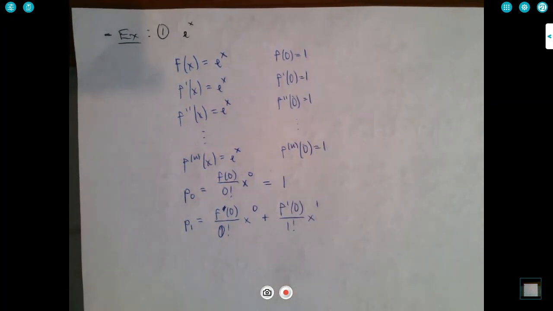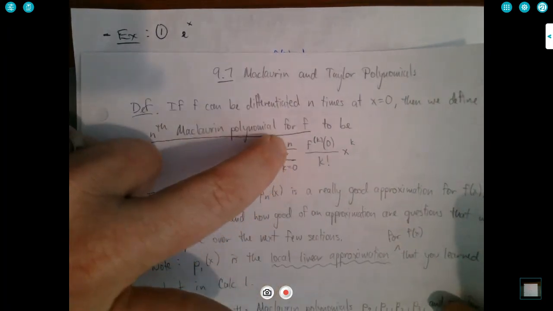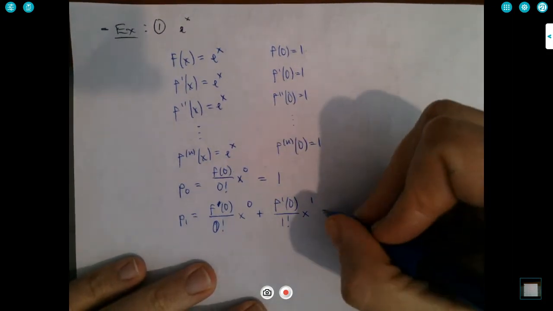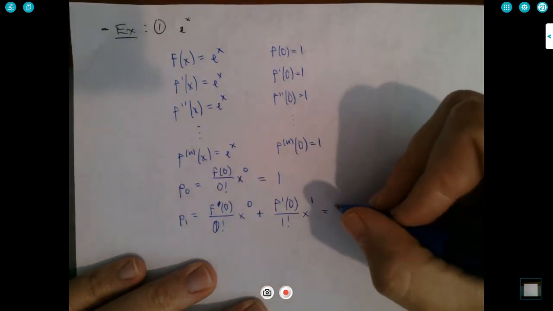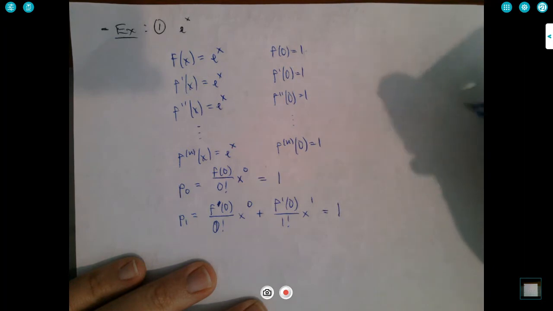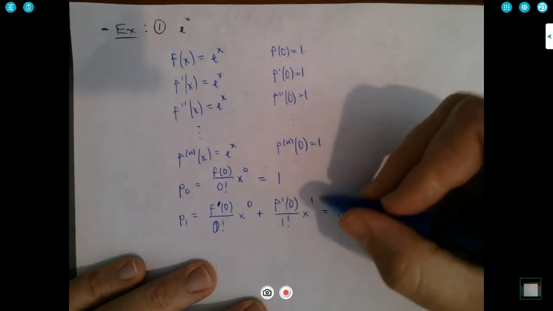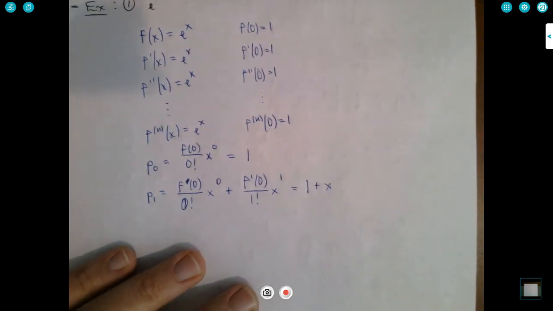That would be the first one, right? Because you have to start at 0 and then end at n, and in this case n is 1. So there's p1. Anyway, f of 0 is 1, 0 factorial is 1, x to the 0 is 1. 1 divided by 1 times 1 is 1. Okay? F prime of 0 is also 1, 1 factorial is also 1, x to the first power is x. So there's p1.